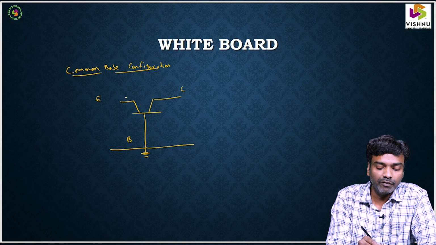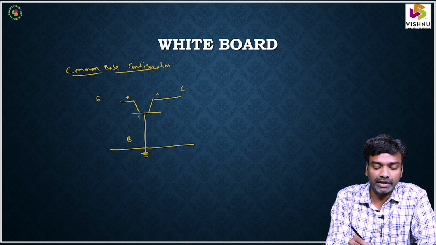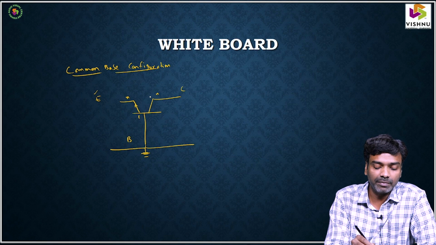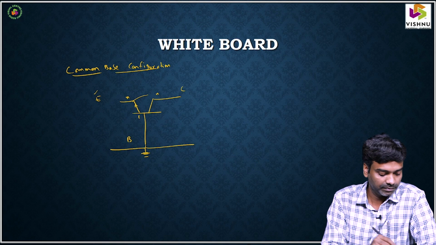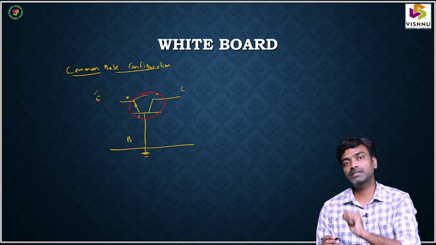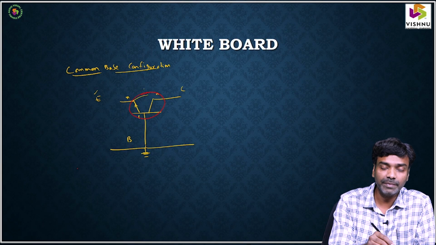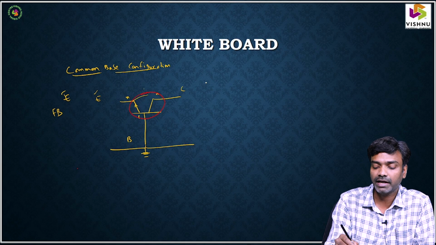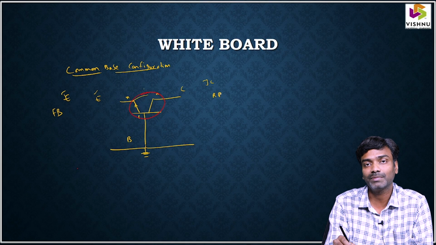Generally we use an NPN transistor, and at the emitter we mark the arrow; current always flows from the emitter, P-type, to N-type semiconductor. In order to operate this transistor in the active region, the emitter junction has to be in forward bias and the collector junction has to be in reverse bias.